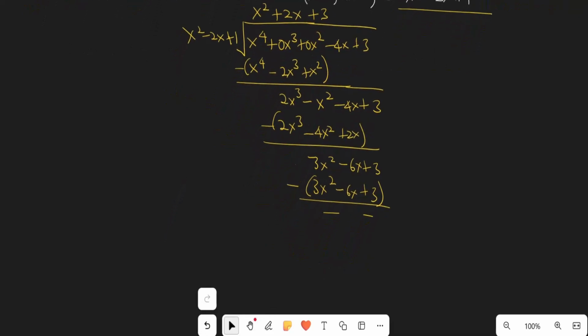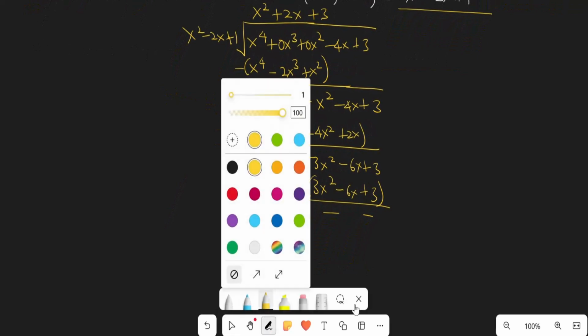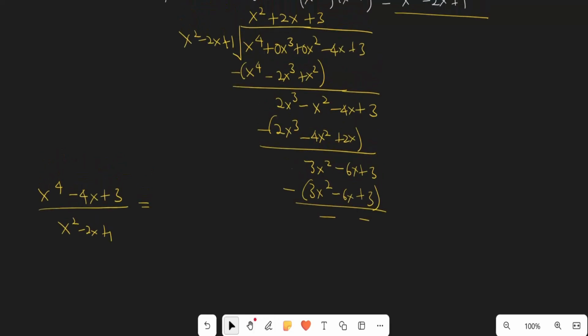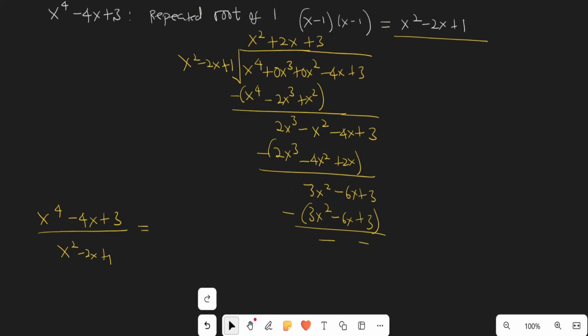Cool and sweet. So that implies that when you divide this polynomial, x raised to the power 4 minus 4x plus 3, by its factor, x squared minus 2x plus 1, this gives you the quotient. This is the quotient, or the answer as a result of the polynomial long division.